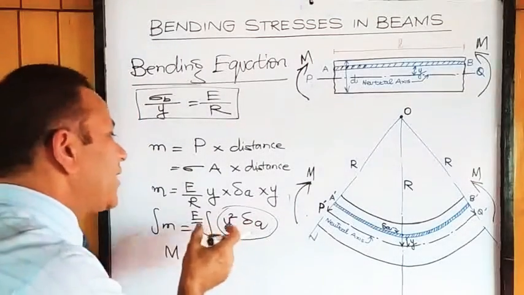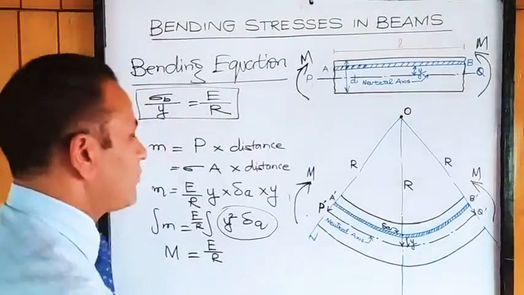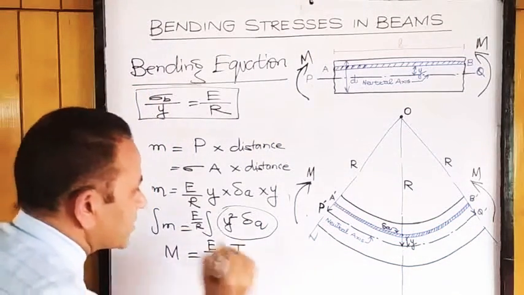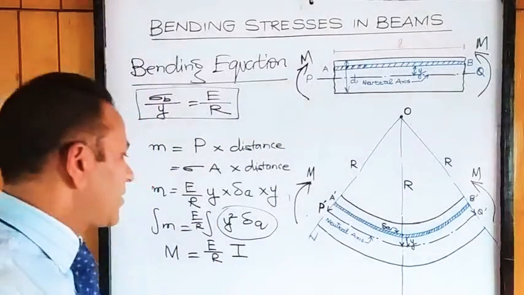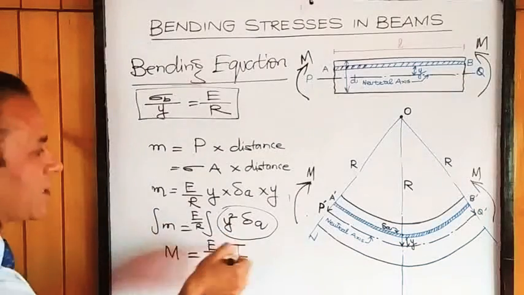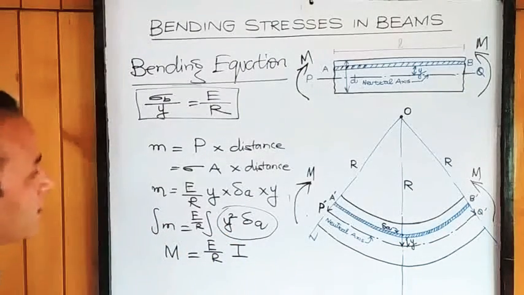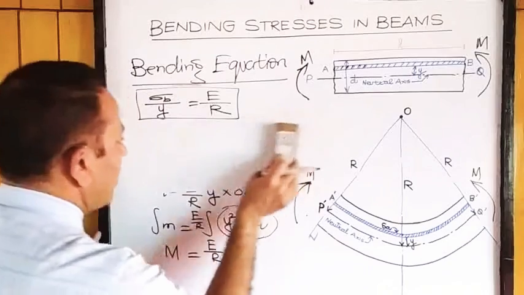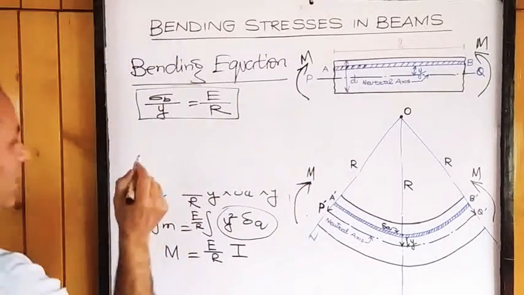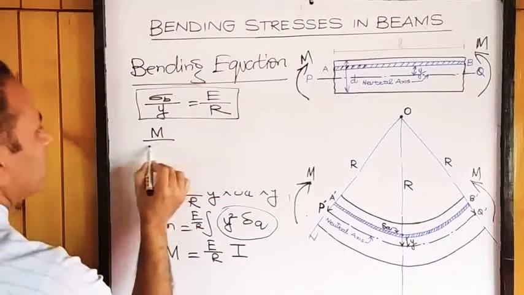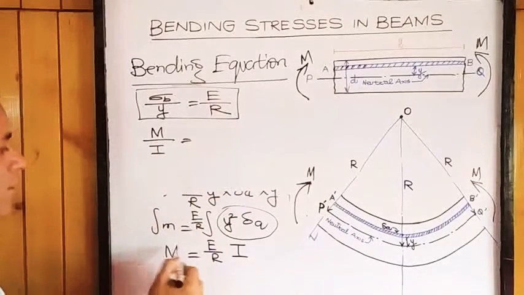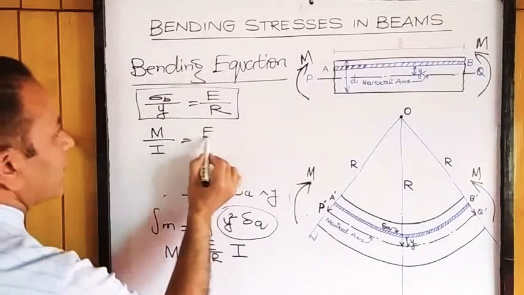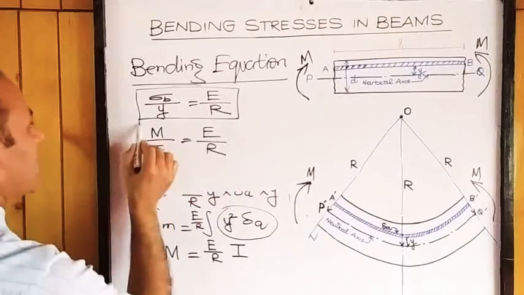That is second moment of area. Second moment of area is nothing but moment of inertia. So I can write inertia in place of this integration of Y square into delta A. Out of this now, I will get M upon I. M upon I is also equal to E by R. This will be second equation.